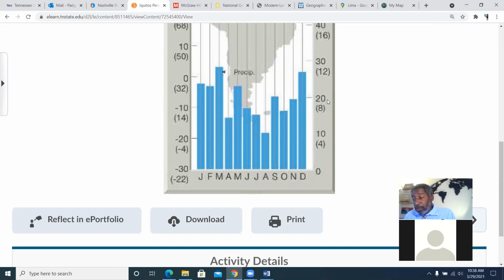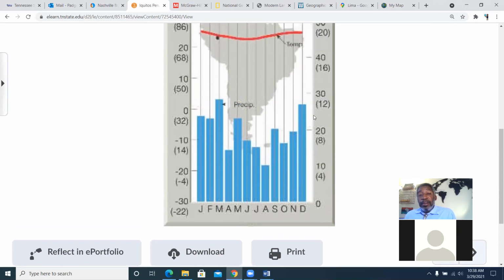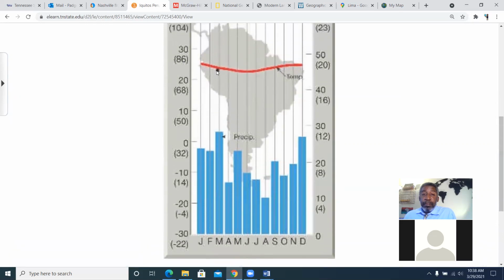If you want to use that conversion factor, you can see the inches here on this graph. But in any case, there's a lot more precipitation here, much more precipitation in Iquitos than there is in Lima.